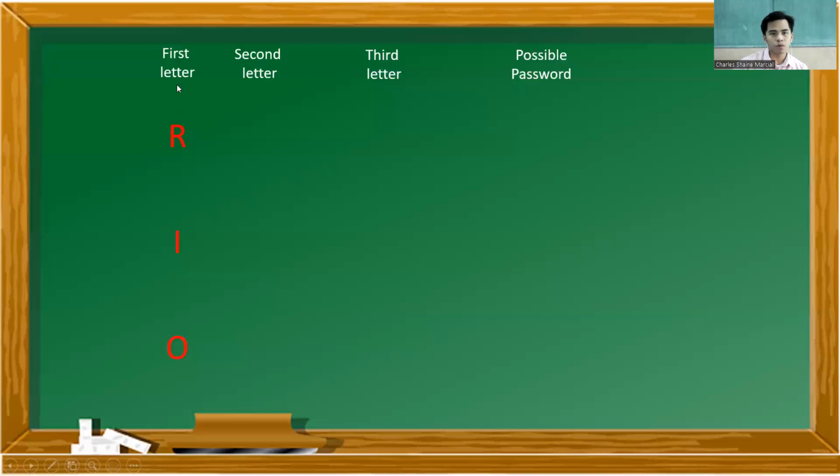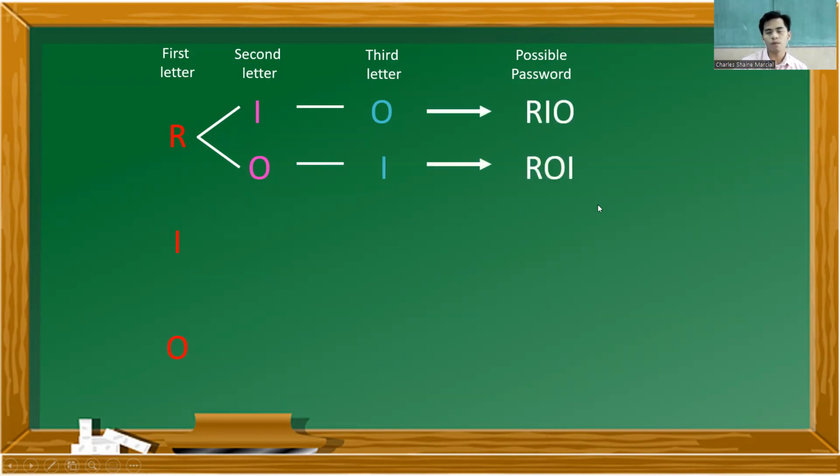So for example, yung first letter natin is R, and for the first letter R, we have I-O, third letter O-I, and the possible password na pwede nating magawa is R-I-O or R-O-I.